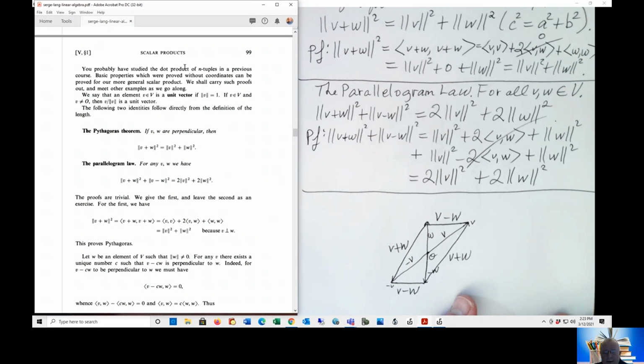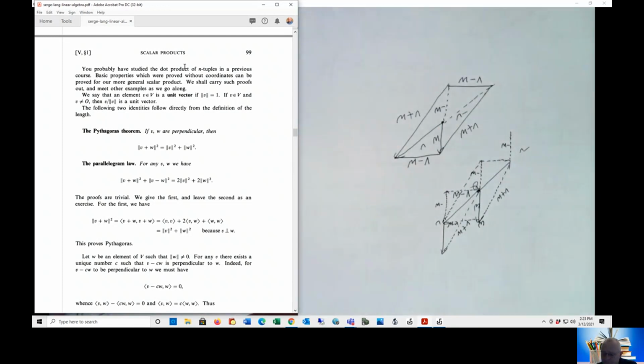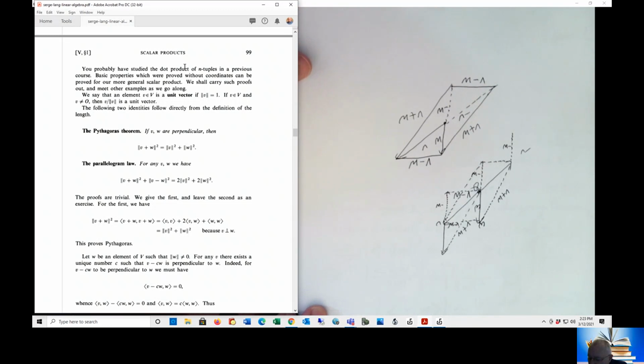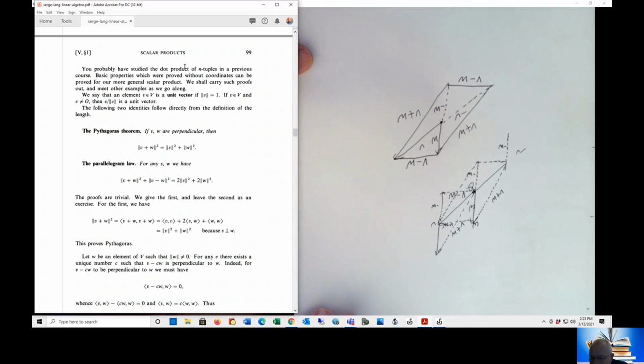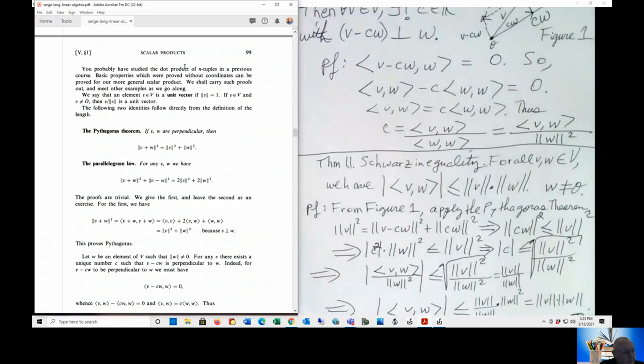So that's the parallelogram law. Here, I was looking at the same picture with just making sure I had the symmetries correct. Okay.